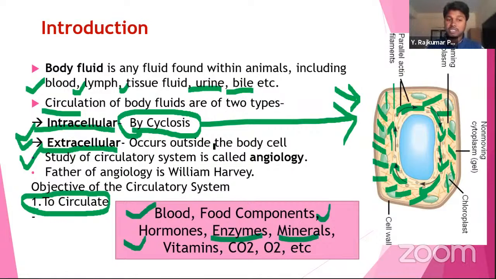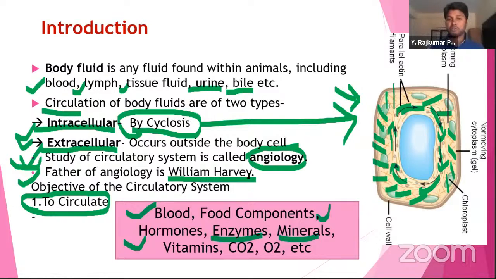And the study of the circulatory system is called angiology. Okay, remember this. Angiology means study of blood vessels or study of the circulatory system. The father of angiology is William Harvey. Okay, so he firstly identified the circulation in the body.